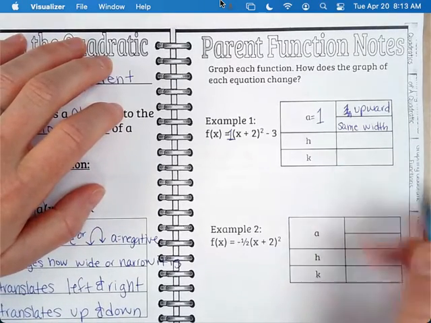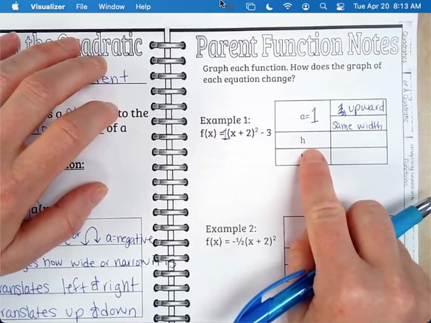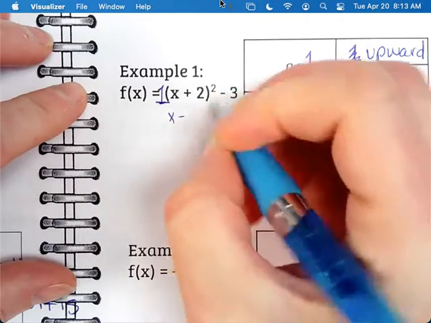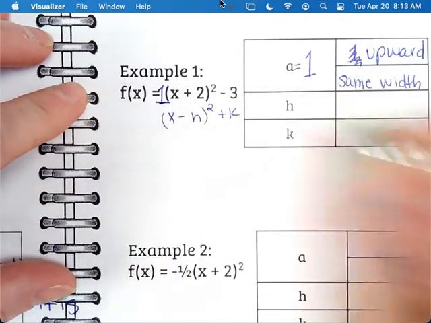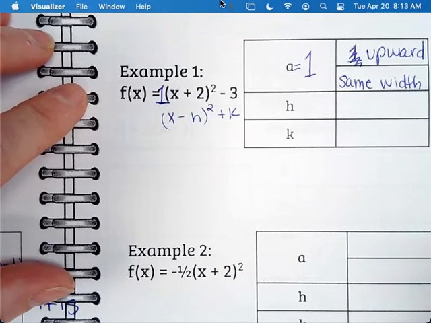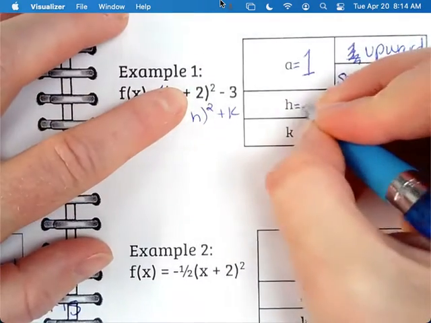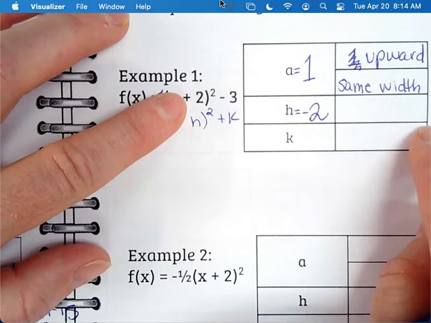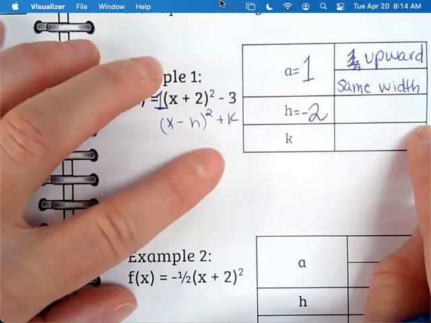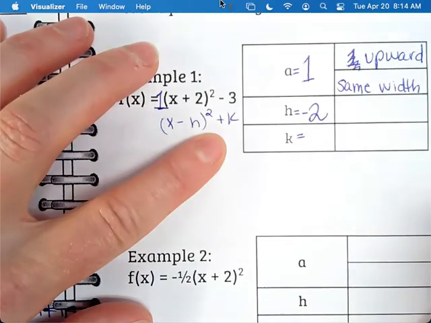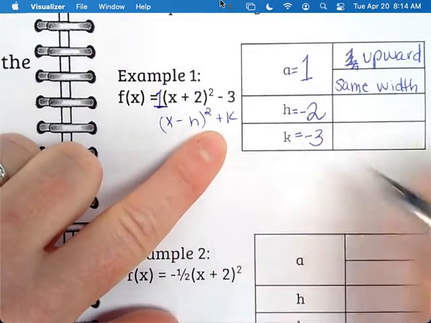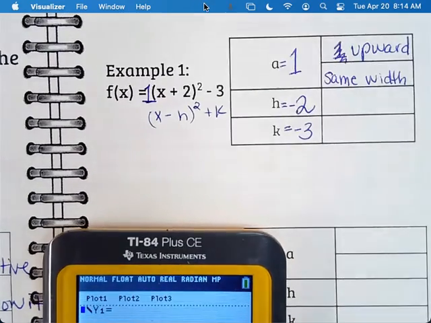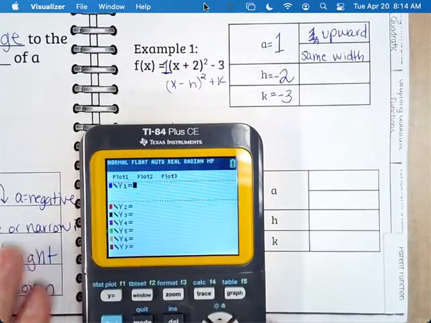Okay, let's determine the h. So remember yesterday when we did the formula? y equals a times x minus h squared plus k. So what is the h going to be? -2. Let's not write what it's going to do because I want us to graph it and look at that first. And then what's the k value? Positive or negative though? -3. Now go to y equals, and let's put in our parent function so we can compare it.